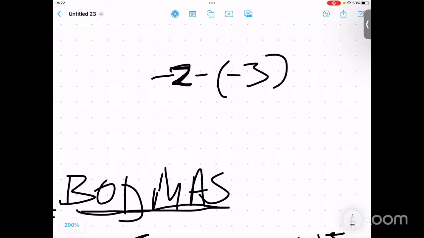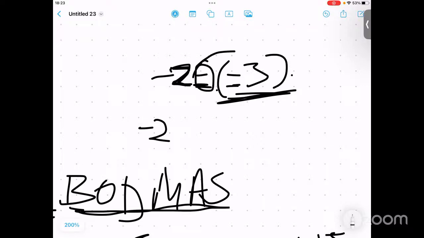Now we have brackets, which starts firstly, B for brackets, so we're gonna remove the brackets. When you remove the brackets, you're going to have -2, and then you see we're having a minus and we are also having a minus. Remember, bracket simply means multiplication, so whatever sign you're having here is going to multiply everything that's in the brackets. So we're having a -3 inside the bracket.